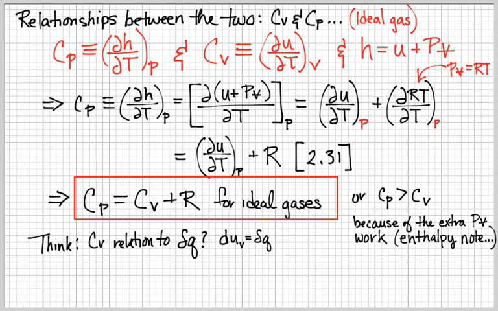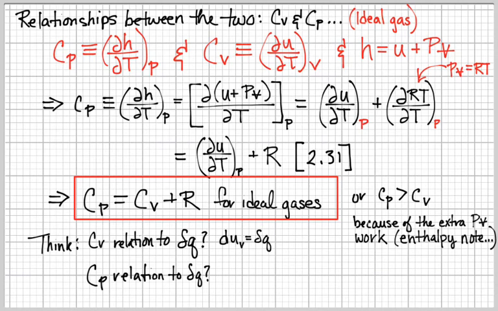So if I have the change in internal energy at constant volume, I have a change in Q and a change in work, but my work term went to 0. So I have dU is equal to dQ. And I derived that by knowing that there was no volume change, and in this case the flow work would be PdV, and dV went to 0. Flip that around and think about the constant pressure situation, where how does that relate to dQ?